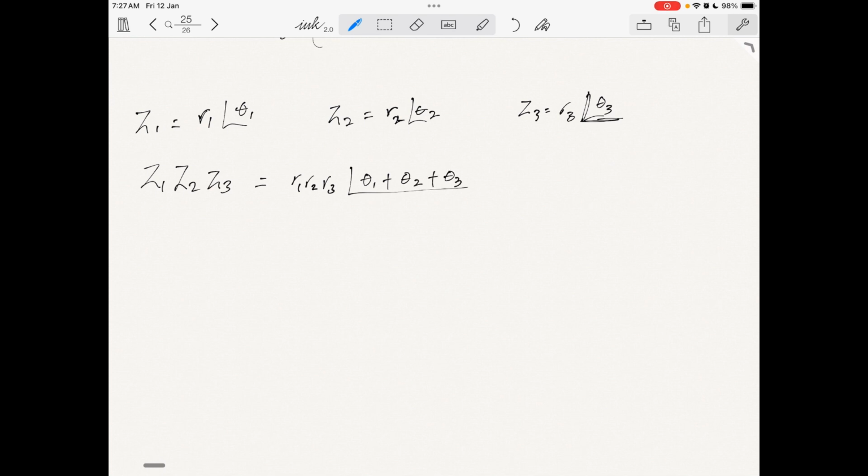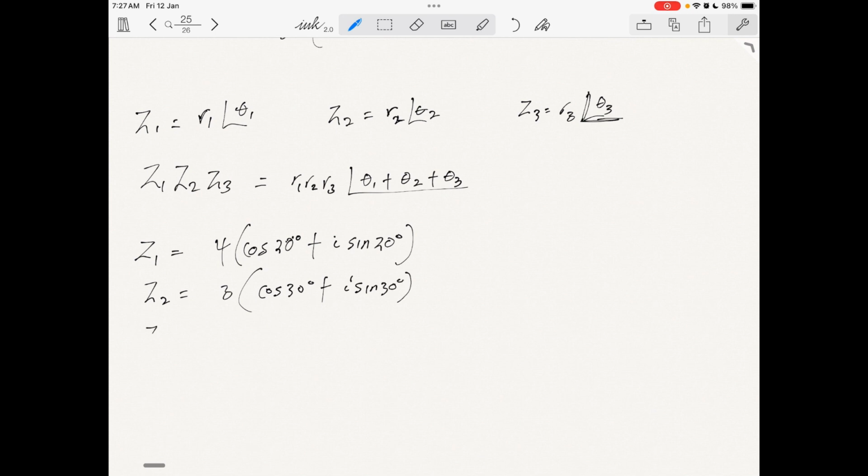Okay, so let's take for instance, z1 is equal to 4 cos 20 degrees plus I sine 20 degrees, and z2 is equal to 3 cos 30 degrees plus I sine 30 degrees, and z3 is equal to 2 cos 40 degrees plus I sine 40 degrees.